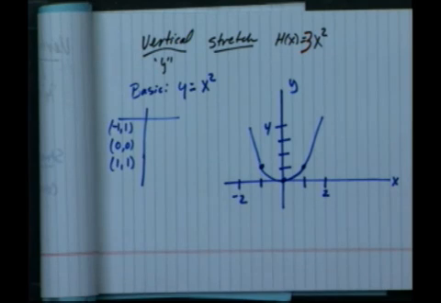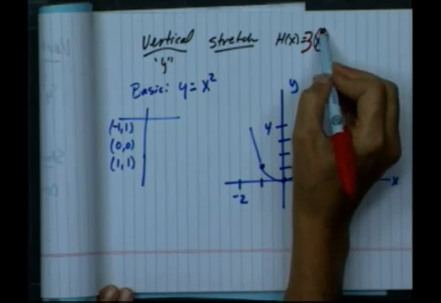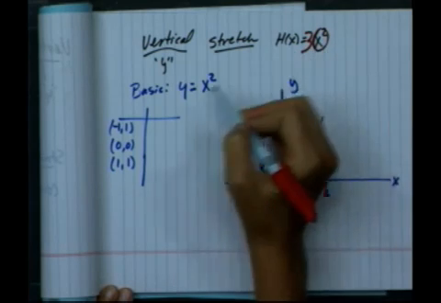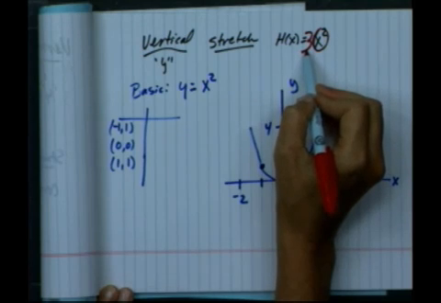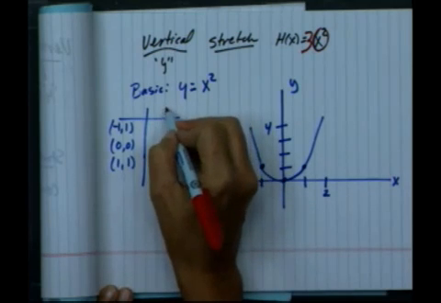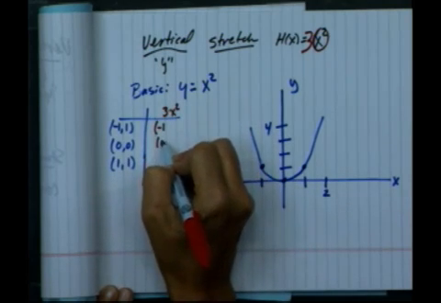All right, now for h of x, these are the old y values, because x squared is your old y, right? And you're going to multiply your old y values by 3. So this is for 3x squared. I keep the same old x's.